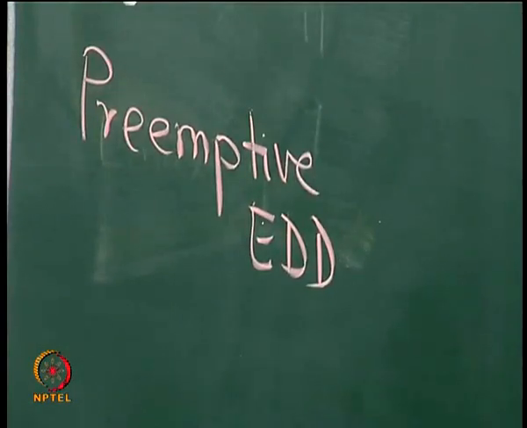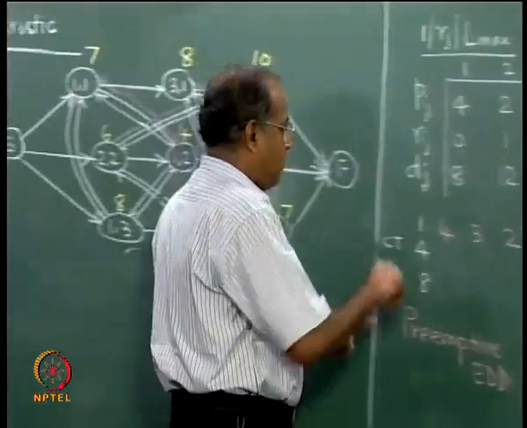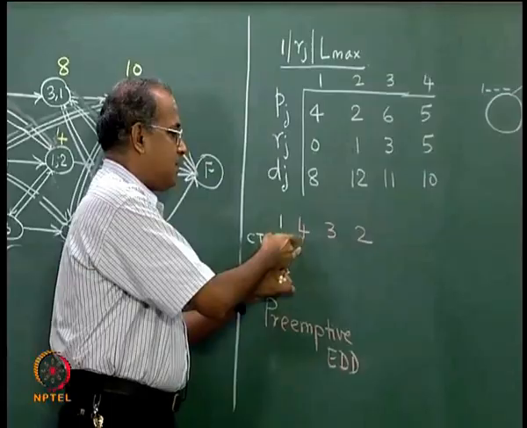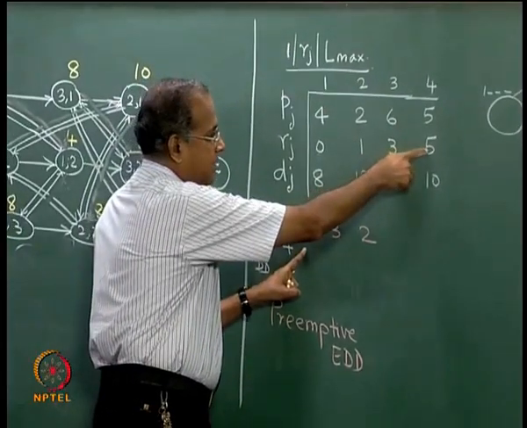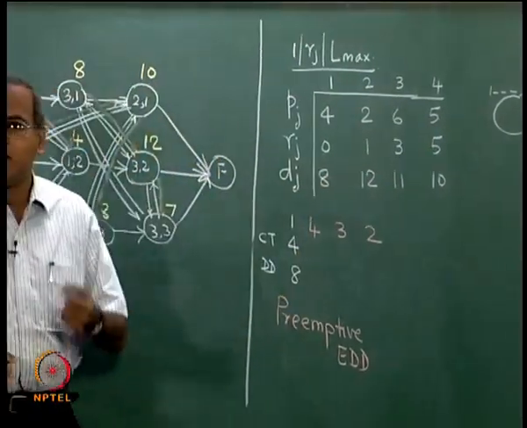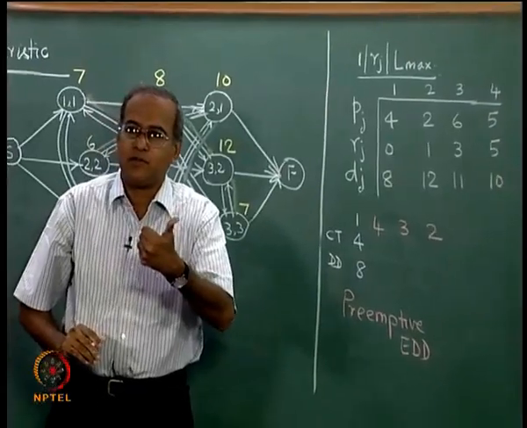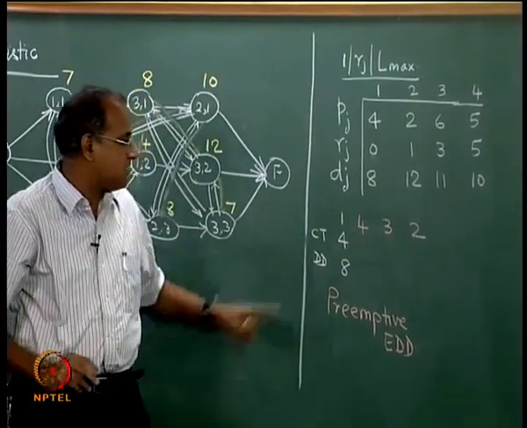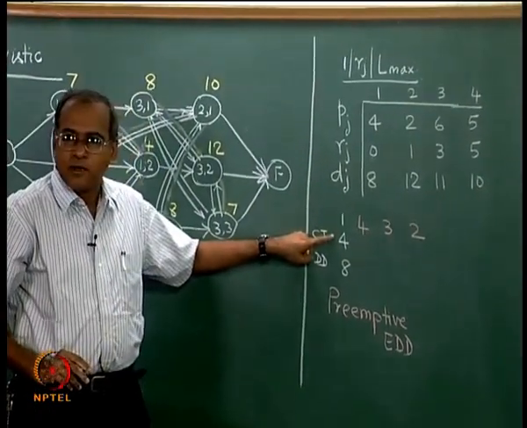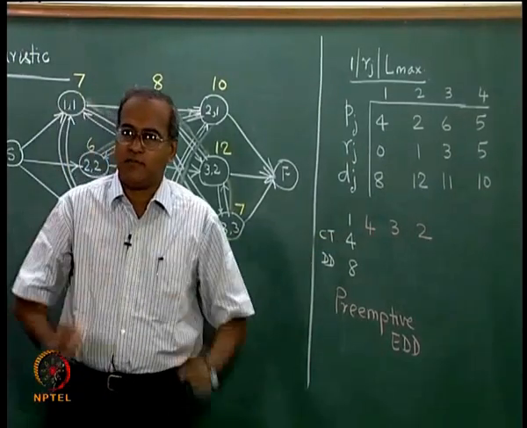Now, in the actual sequence, if we want to find the actual sequence for 4, it will start at 5 and finish at 10, and the machine is idle for that one time unit because it is over at 4, but job 4 is available only at 5.